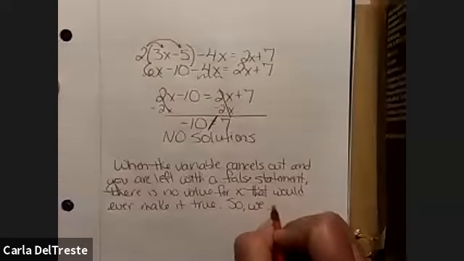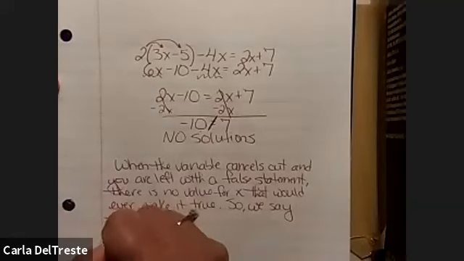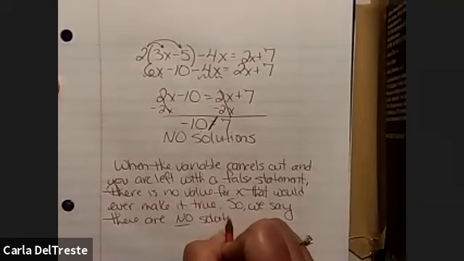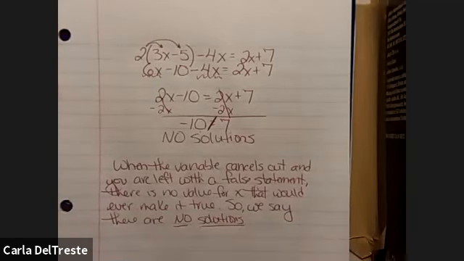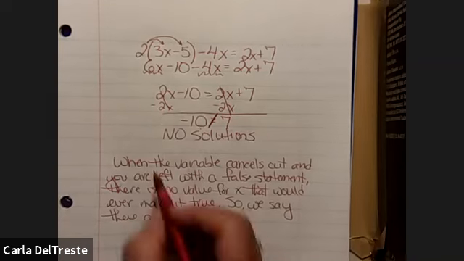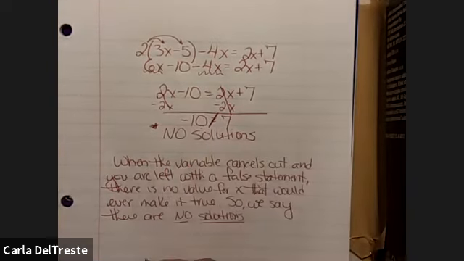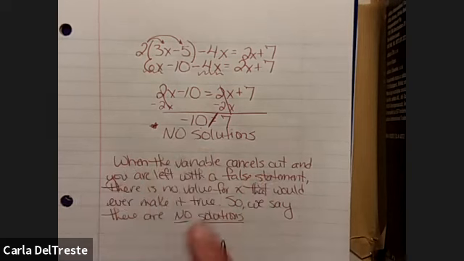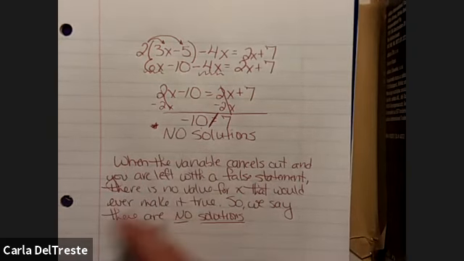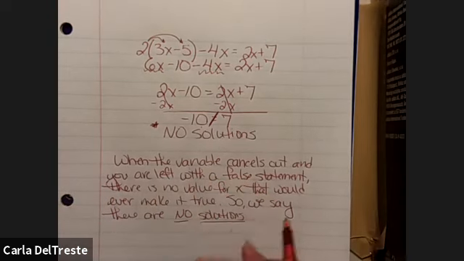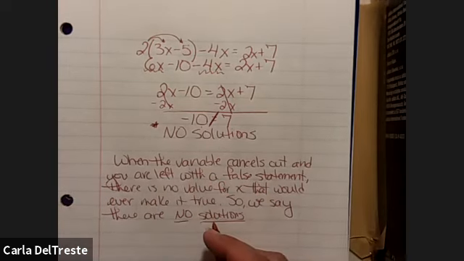So we say there are no solutions. And that's the statement that you make. Again, you are not done until you make a statement about the solutions. You can't just say that negative 10 doesn't equal 7. So these are the two examples of special cases. There's really no need to go through any more. If this occurs, now you know what to say, okay? Now you know the statement to make.